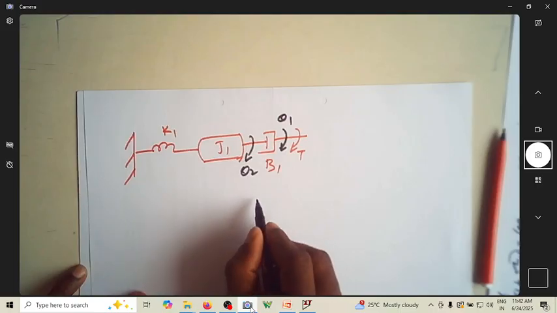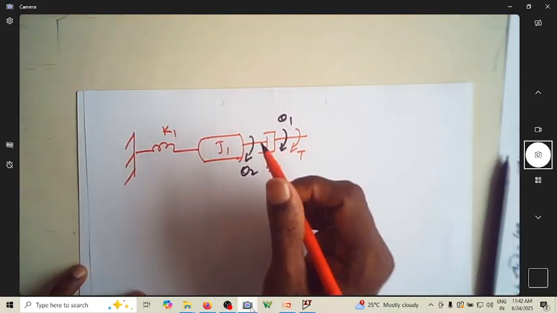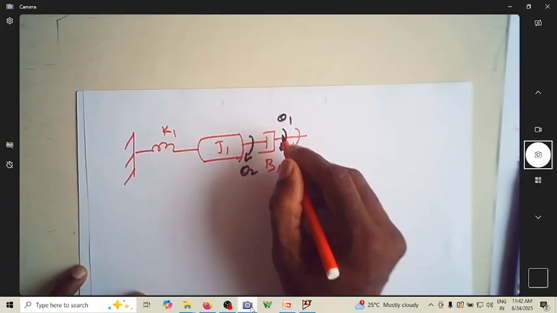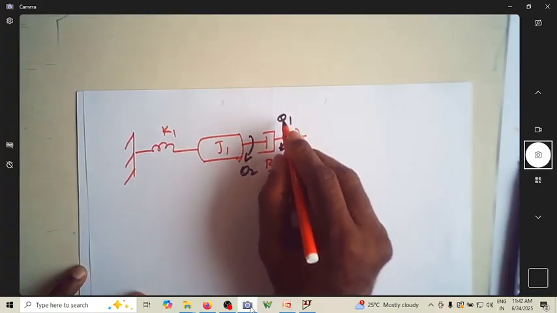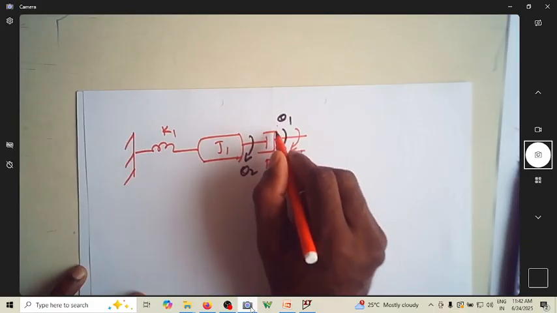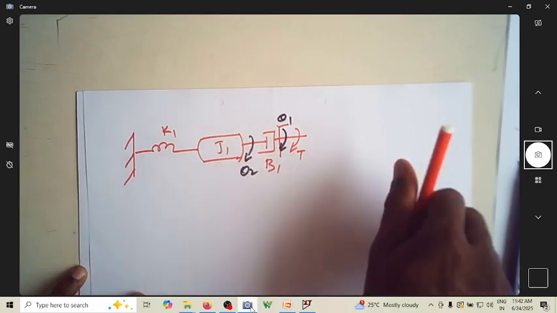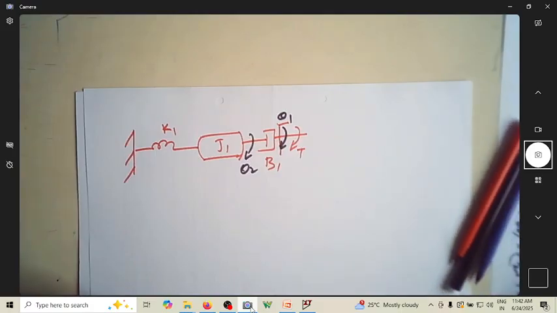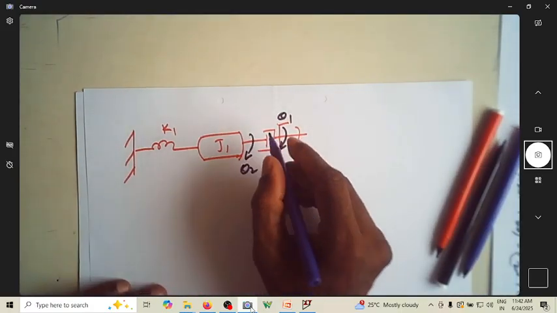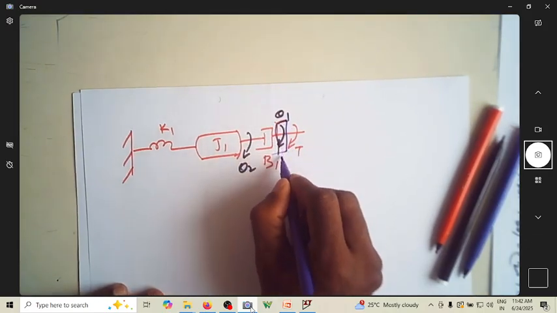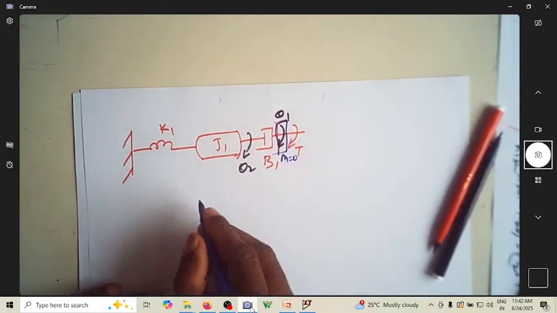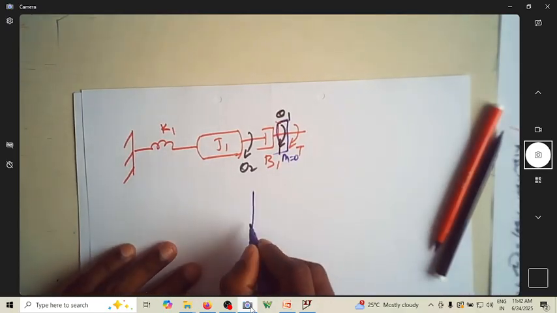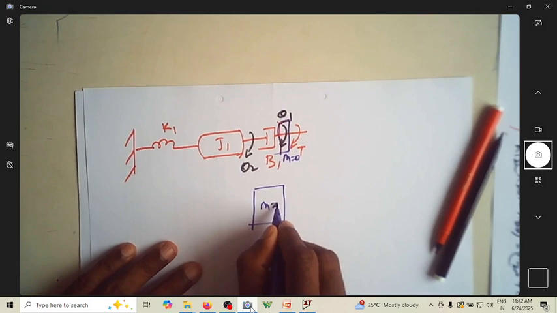Now you have a dummy mass here, since force is applied here. So let me write the dummy mass here, m equals 0.